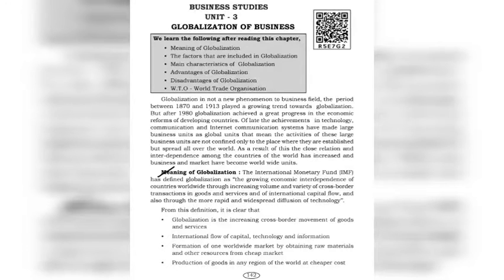Along with this growing interdependence among the countries, what resulted? It increased the volume and variety of cross-border transactions. Cross-border transactions means conducting business across the nations. Cross-border means another side of the border.